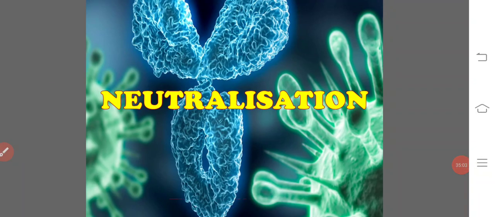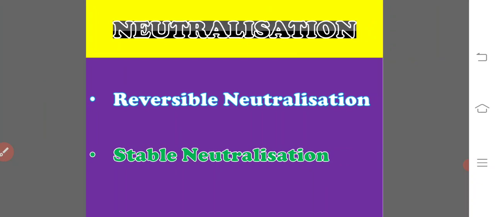Then coming to neutralization. Neutralization is divided into two types: reversible neutralization and stable neutralization. Neutralization of virus is defined as the loss of infectivity through reaction of the virus with specific antibody. Virus and serum are mixed under appropriate conditions and then inoculated into cell culture, eggs or animals.